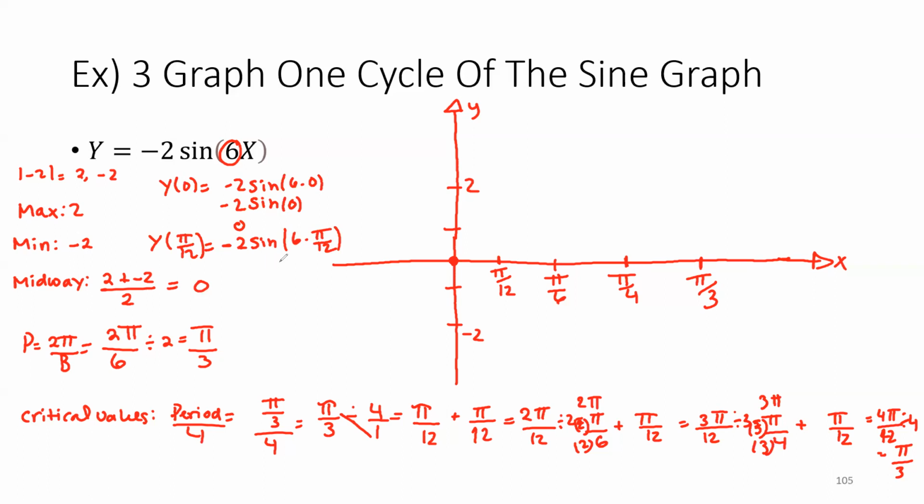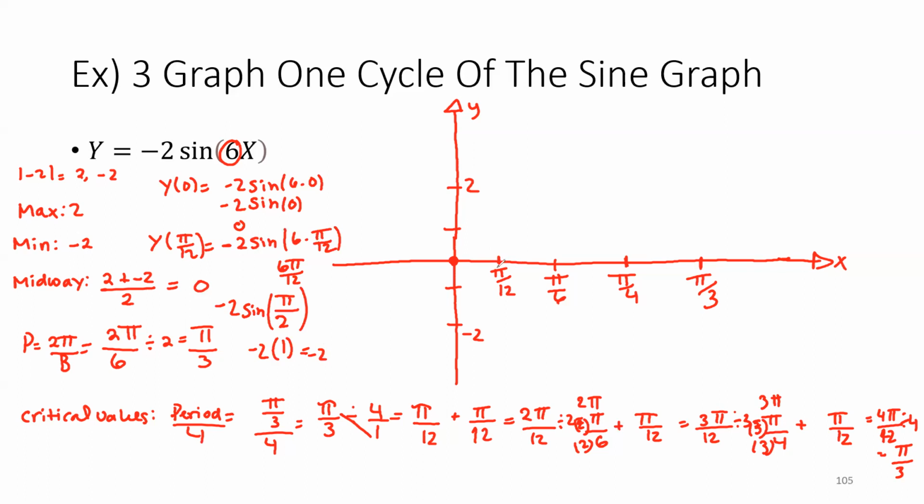That is going to be sin of 6 pi over 12, which can be reduced by 6. So that would be pi over 12 divided by 6 is 2. So sin of pi over 2 is 1, right? Sin of pi over 2 is 1, and then times by -2, so that is -2.